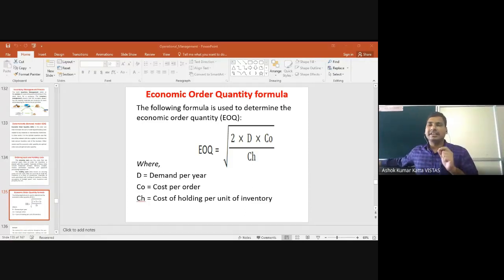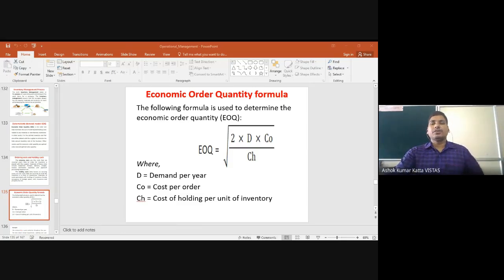The secret is: in a year, how many times do you need to spend the ordering cost? How many times do you need to spend the carrying or holding cost in a year? All this unnecessary expenditure minimization is also why we follow this EOQ technique.